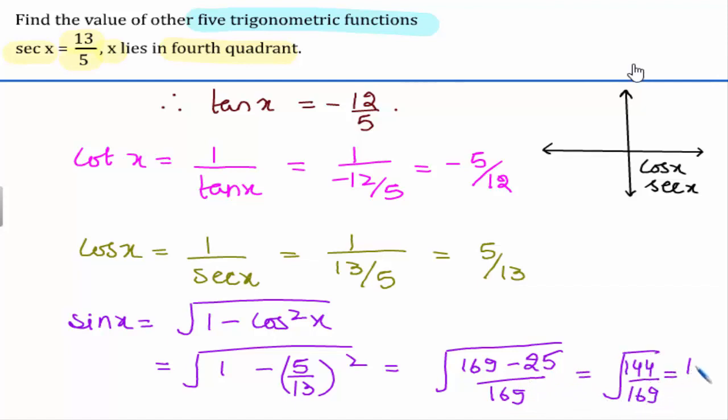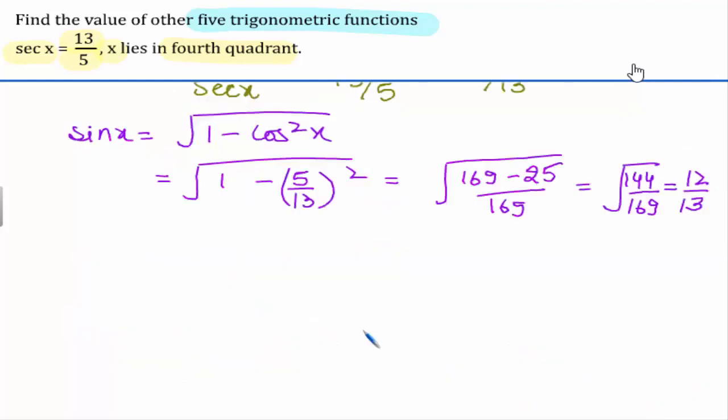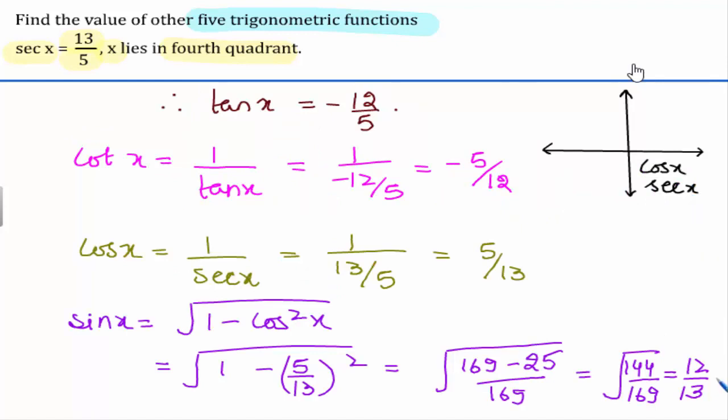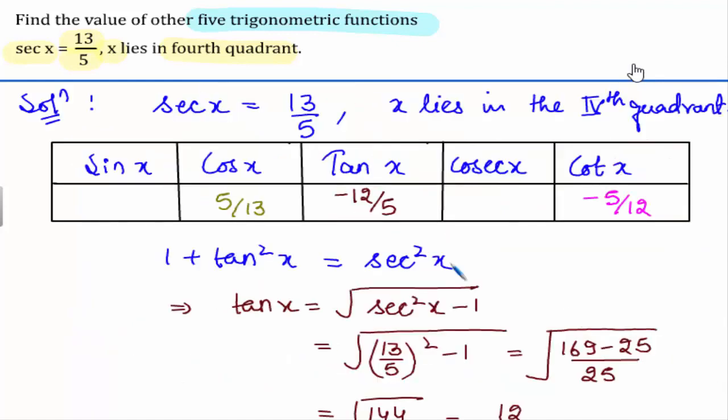So this is equal to 12 upon 13. And we know that since sin x is not positive in the fourth quadrant, therefore sin x is equal to minus 12 upon 13, since in the fourth quadrant only cos x and sec x are positive. So the value of sin x is minus 12 upon 13.